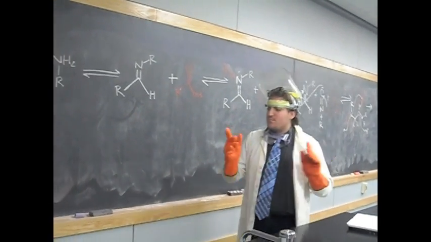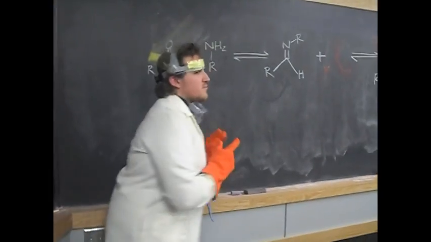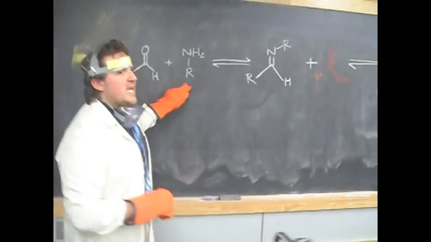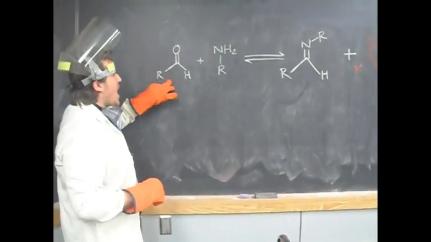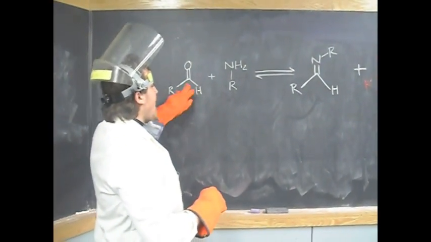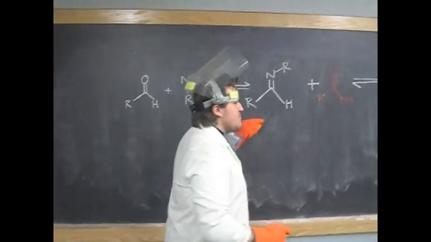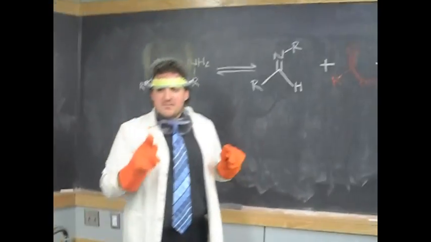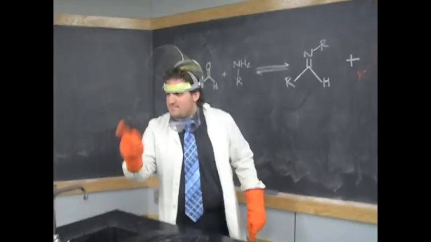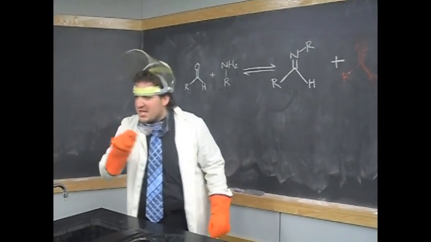Okay? So you start with your amine and your aldehyde, and what will happen is it forms an imine. Now, the imine is spelled with an I, not an A, an I. Imine.